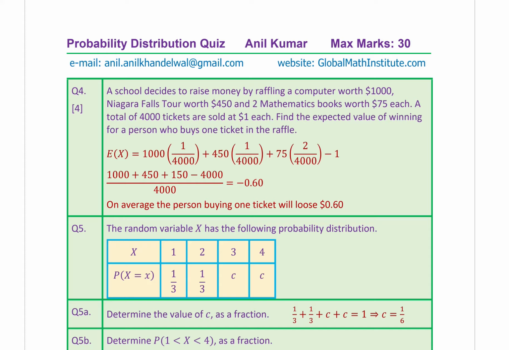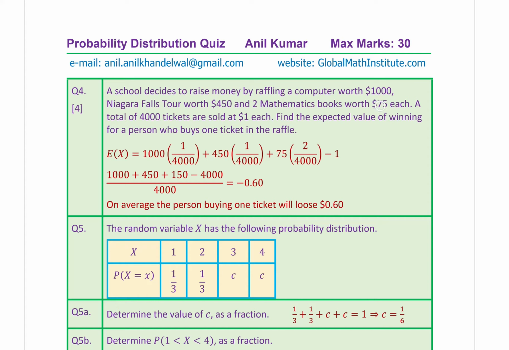Find the expected value of winning for a person who buys 1 ticket in the raffle. We could do this a couple of ways. When you buy a ticket, you may win a prize or you may not. If you win, there are only 3 prizes, worth $1,000 and $450, and there are 2 books, which are $75 each.